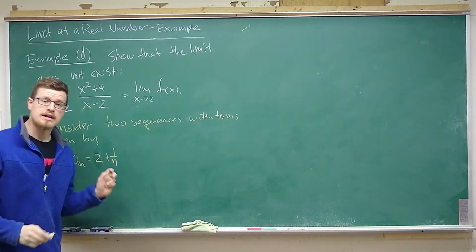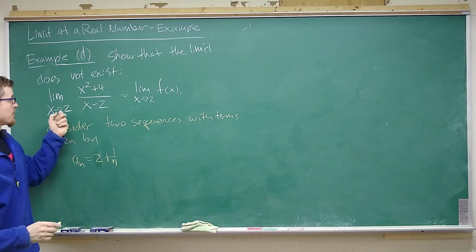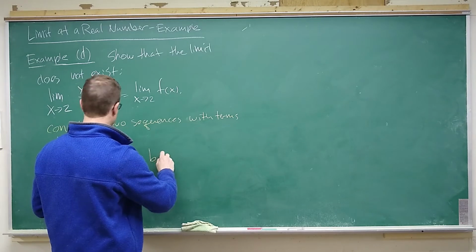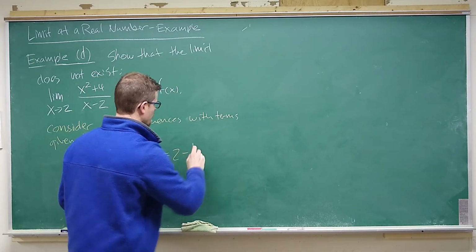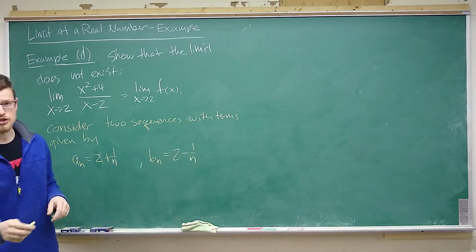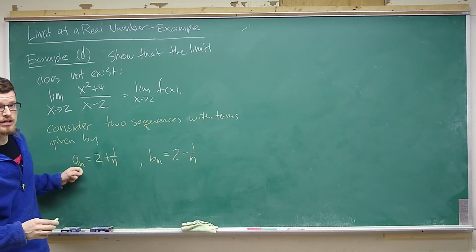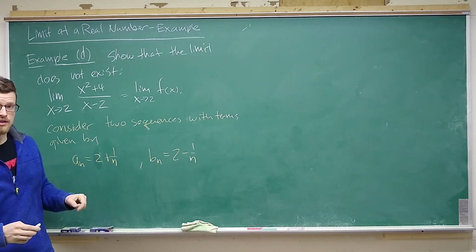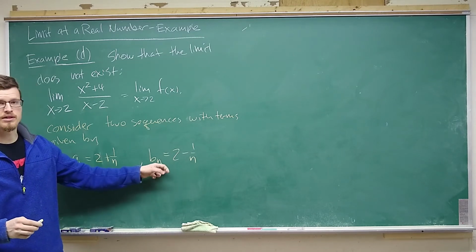Now this is a sequence that converges to 2, the value we're taking the limit at. The other sequence, b sub n, is equal to 2 minus 1 over n. This also converges to 2. And we'll find that when we evaluate the function f at each of the a sub n values, that new sequence would converge to something different than doing the same thing with b sub n.